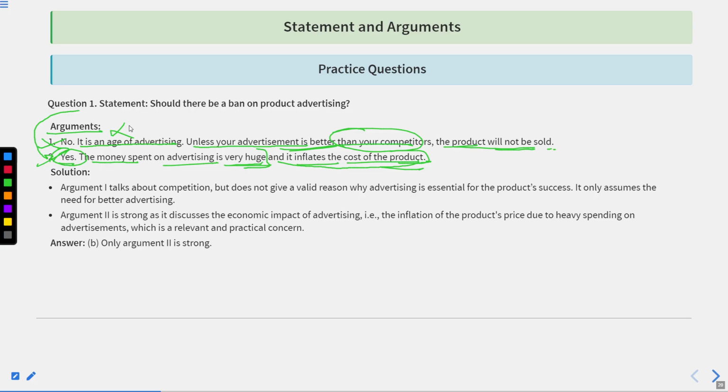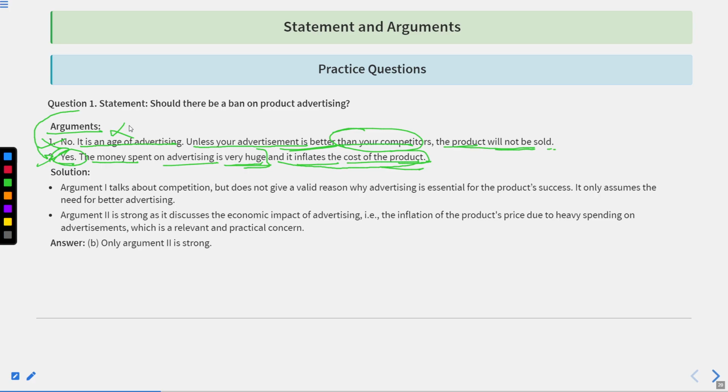Let's imagine there is a cabinet ministry set up discussing that because of product advertisements, there is a lot of inflation in the products. An item whose manufacturing value is 10 rupees is being sold at 120, 130 just because of advertising. So if we ban it, the inflation of the cost of the product will reduce. And that argument can be considered a correct argument.